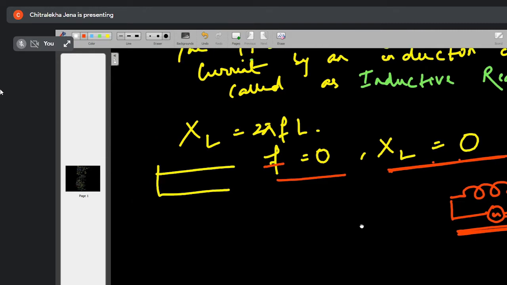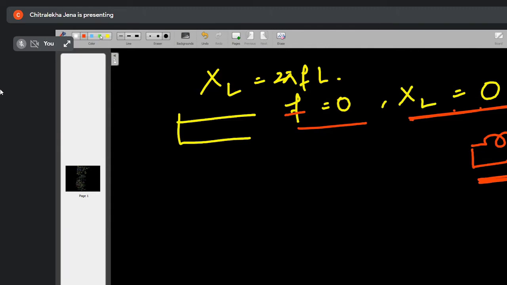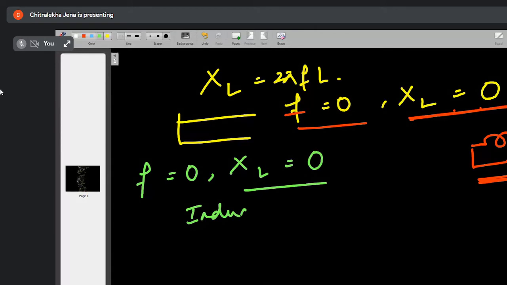So when we take frequency equal to 0, what happens to your XL? XL equal to 0. That means there is no opposition to the flow of current, so the inductor acts as a pure conductor.